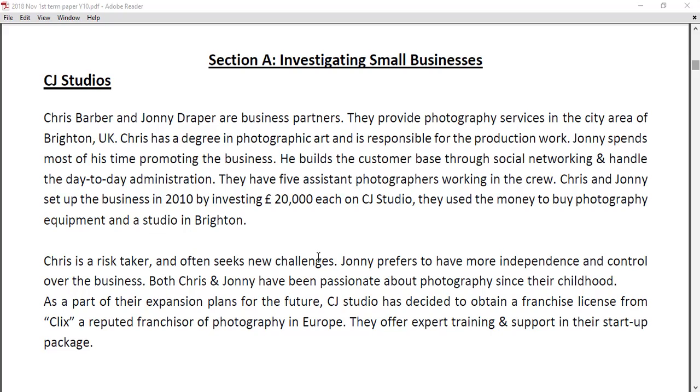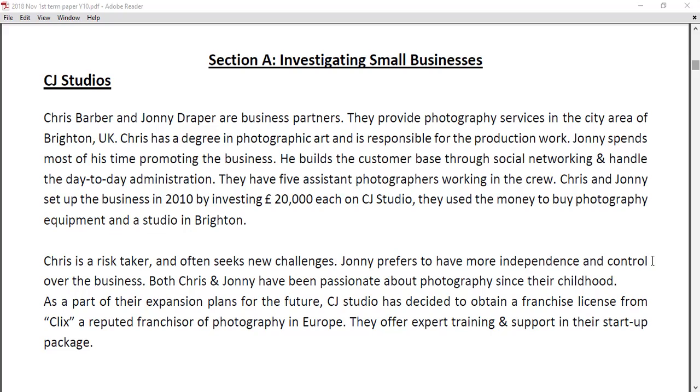You can see the entrepreneur's role and qualities also there. You can see this is the objective. Sometimes you want new challenges and everything. And Johnny, on the other hand, has a non-financial objective. He wants to be more independent and have control over the business. On business objectives, we talk about financial objectives and non-financial objectives.